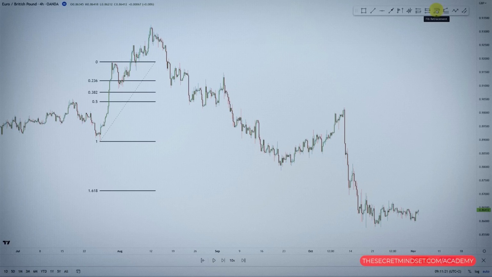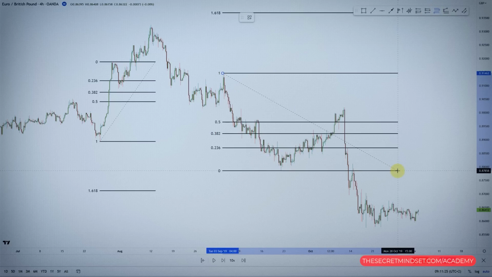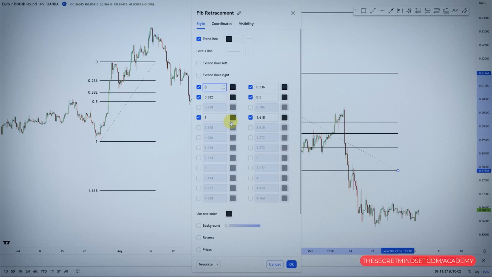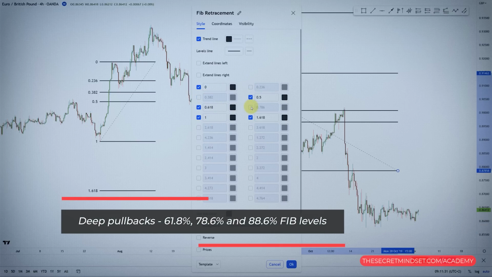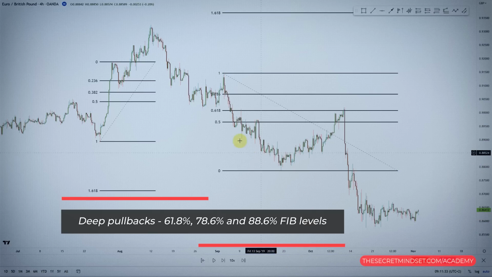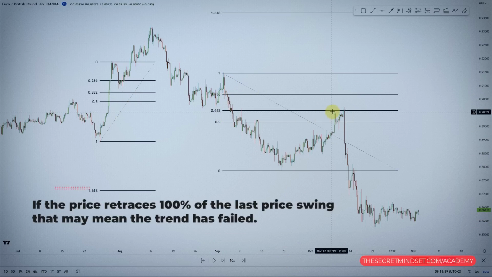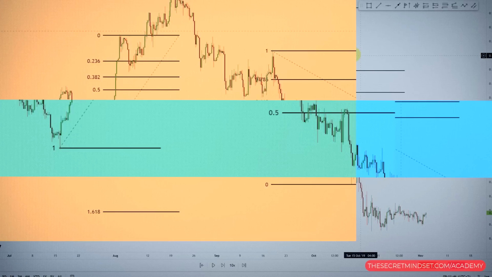So when the trend is strong, pay attention to these Fib levels. On the other hand, price will make a deep pullback when a trend is not yet clearly established. You will see deep pullbacks to the 61, 78, and 88 Fib levels. If the price retraces 100% of the last price wave, that may mean the trend has failed.